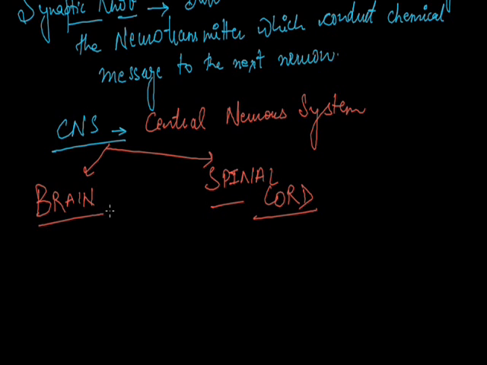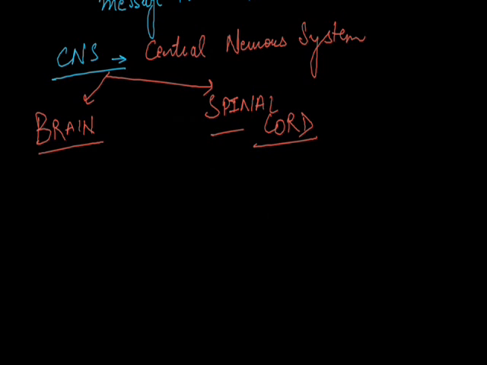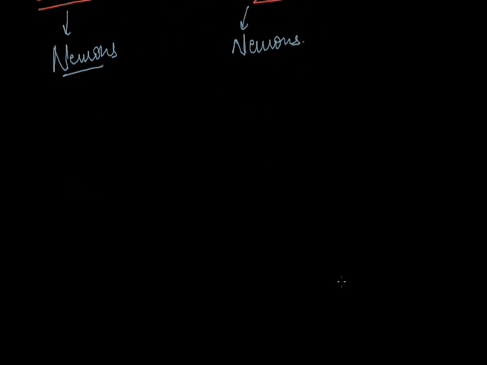Here, the functional unit present are neurons. Both comprise of neurons and signal the messages. Next, we'll discuss the types of neurons.